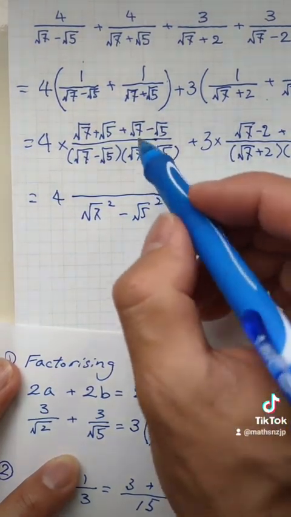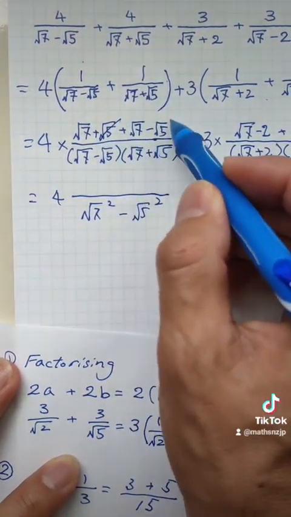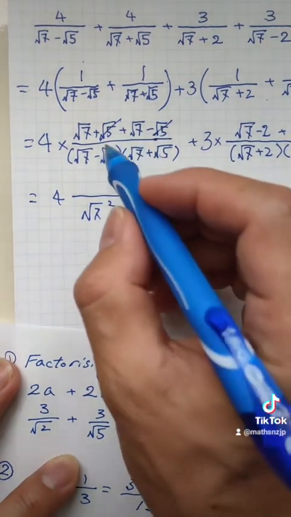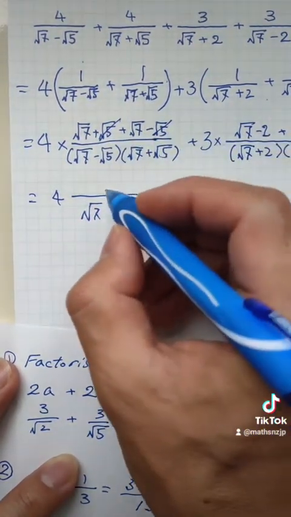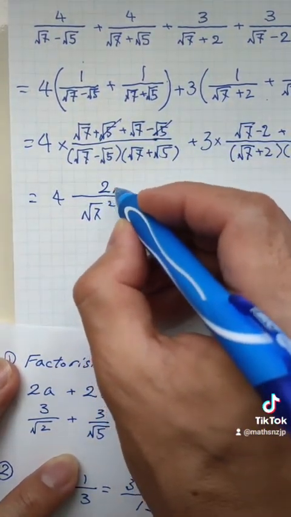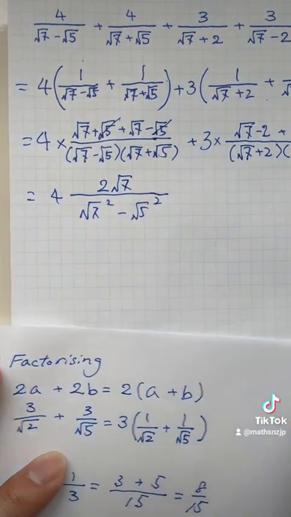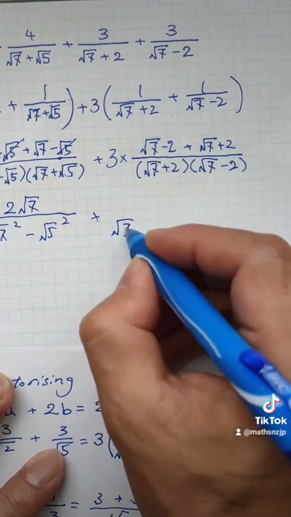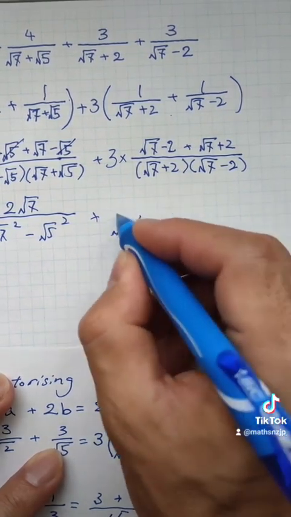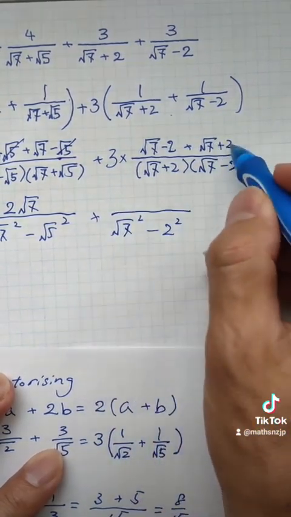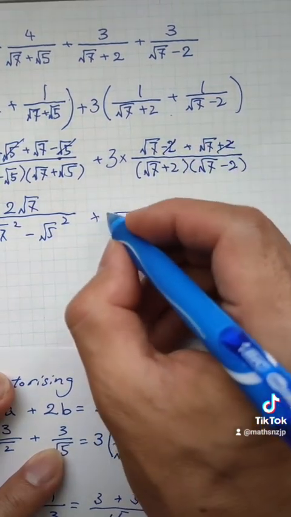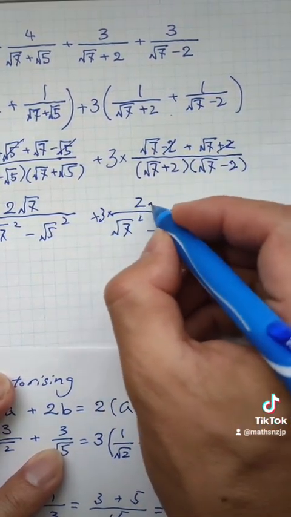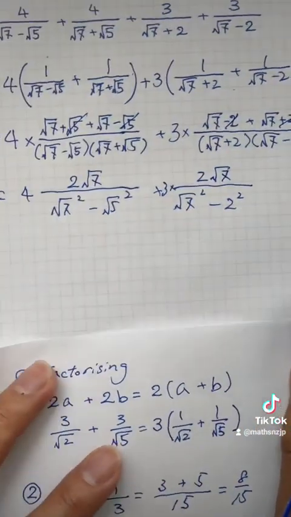And the numerator, as you can cancel this one, when you add 2 of square root 7, it's gonna be 2 square root 7. This one is square root 7 squared, take away 2 squared, and then this one you cancel out, 2 square root 7. Okay?